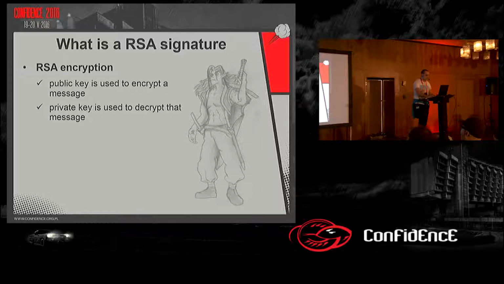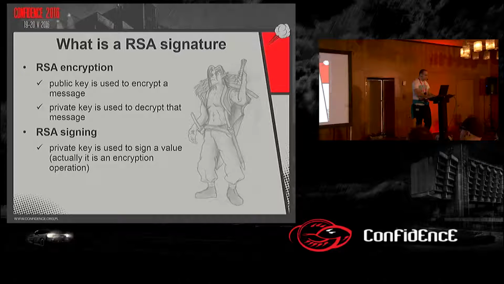You don't need to share the private key, of course, because as the name suggests it is private. The signing is basically the inverse operation. We use the private key to sign a message, which is actually an encryption operation. And the person who needs to check our signature uses the public key to decrypt it.